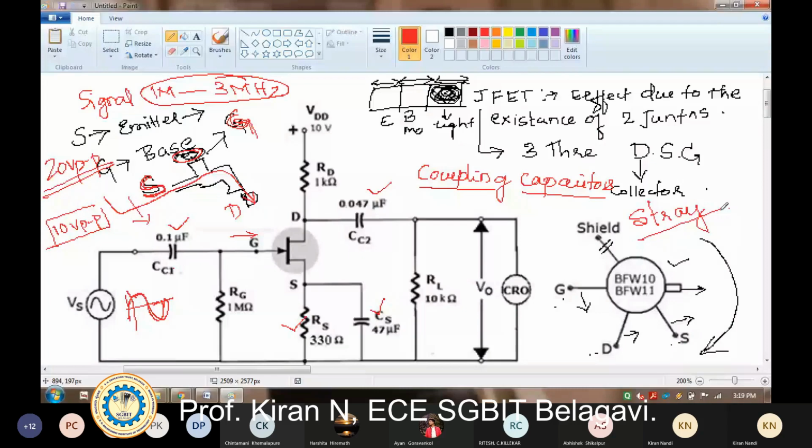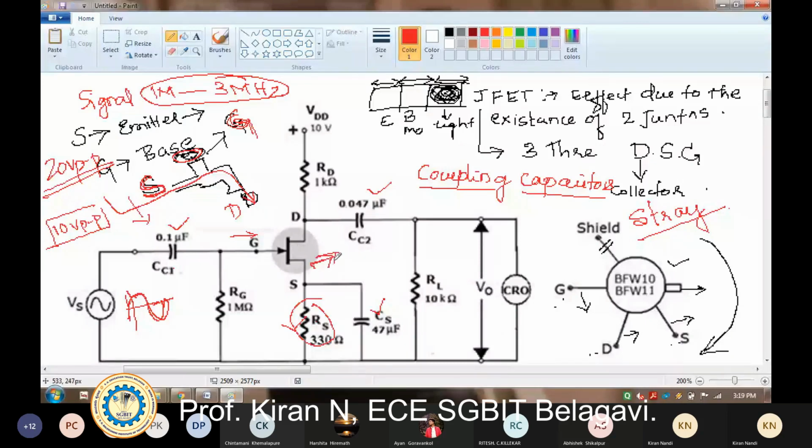So what do we mean by stray components? Stray components are nothing but bypassing components. This resistance is protecting the source terminal of this JFET.